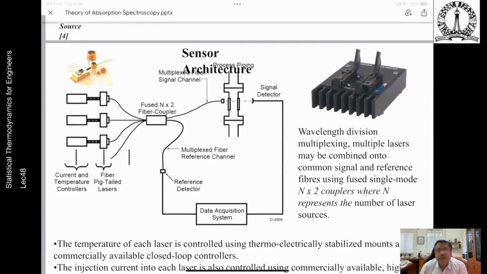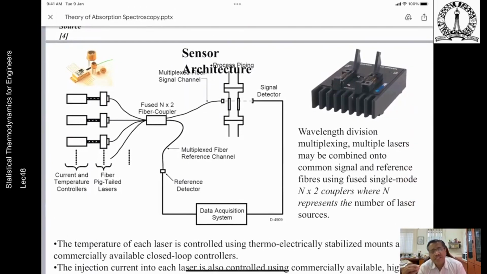You can also have a complete sensor architecture in which you have different lasers which are coupled and fused, so the beam that comes out has a combination of all these wavelengths. It is passed through your experimental setup, which is shown over here, and then you detect the signal.